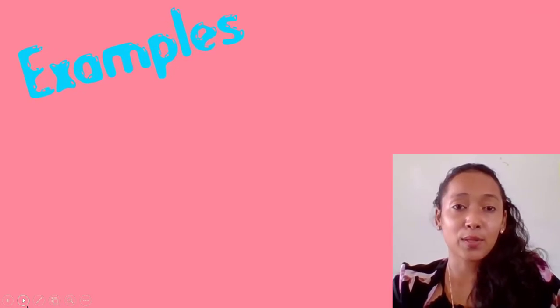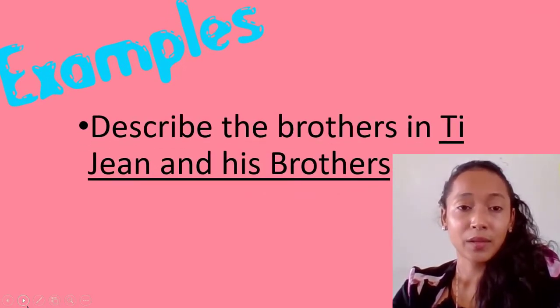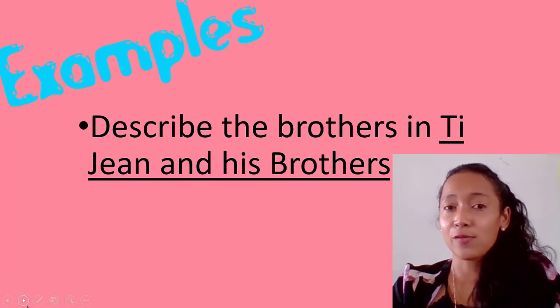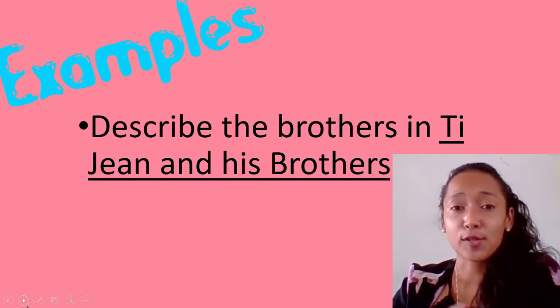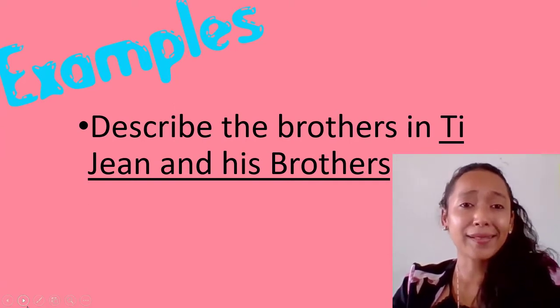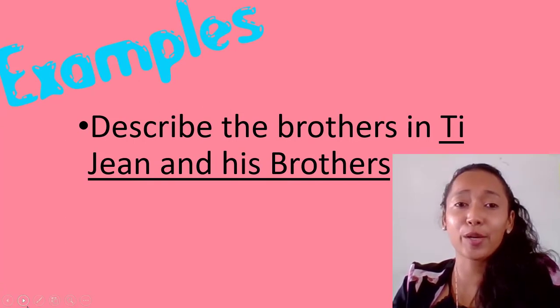To further understand, we'll look at an example. Here's an example from the book Tijan and His Brothers that you read last year. If they ask you, describe the brothers in Tijan and His Brothers, what are they asking you for? Characteristics of the brothers, right? So you might say something like, Tijan was a clever character, while Grosjean was the character that was very muscular but lacked brains.